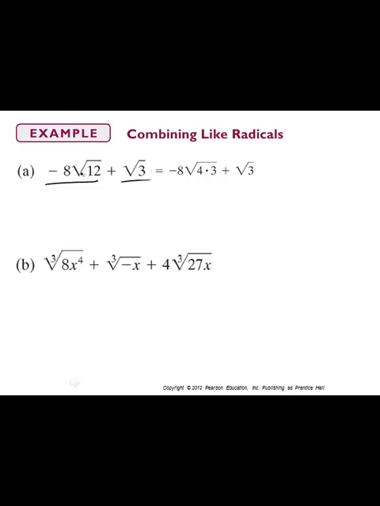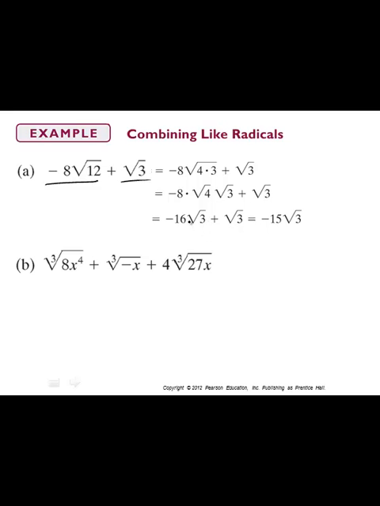Now, the square root of 12, of course, can be written as the square root of 4 times 3, but 4 is a perfect square, so you can pull out the 4. The square root of 4 is 2, so you have 2 times negative 8, which is negative 16. So you have negative 16 times the square root of 3 plus the square root of 3 here.